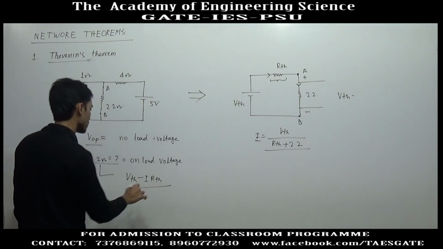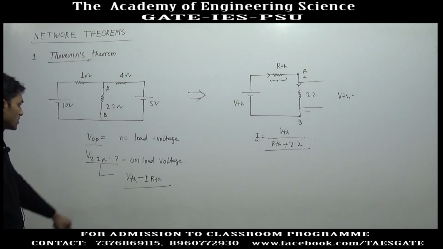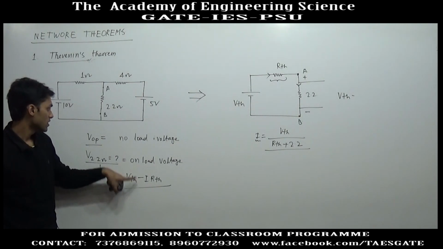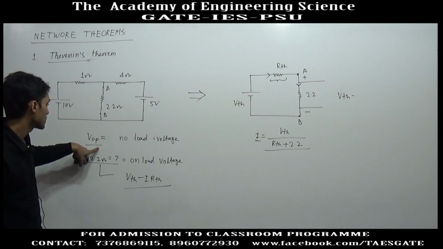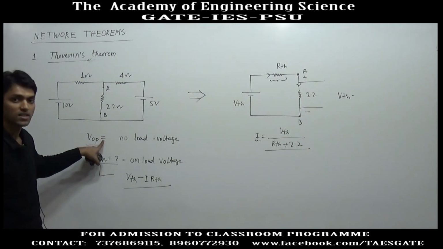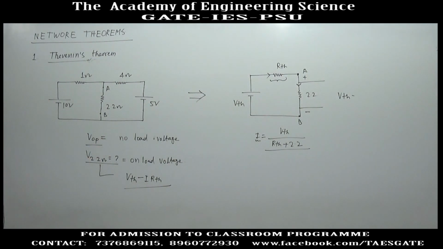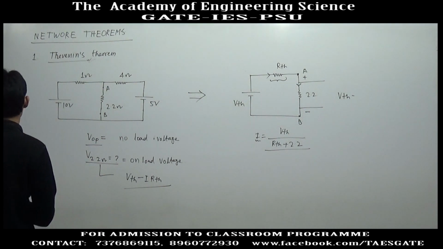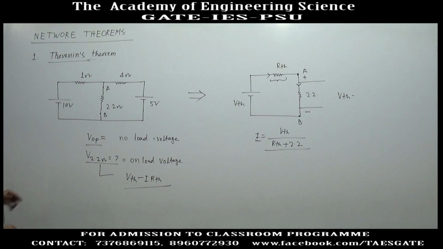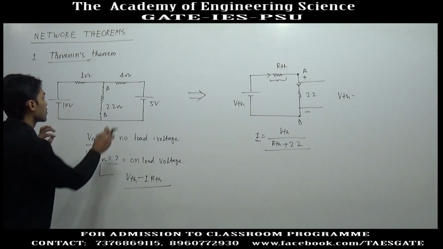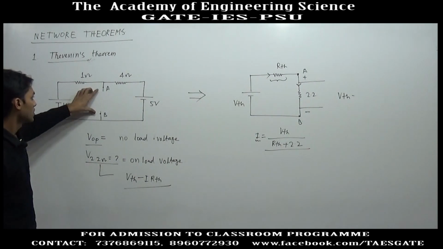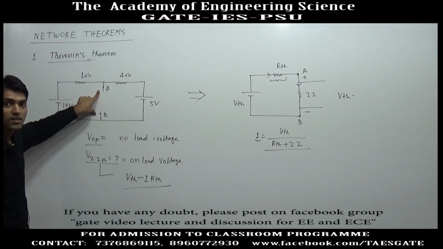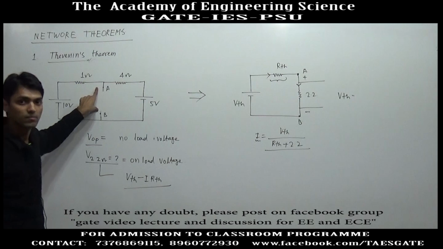From this equation it is easily visible that the on load voltage is different from the open circuit voltage and always less than the open circuit voltage. So if you are asked to find the voltage across it and you write your answer as the open circuit voltage, that will be wrong.